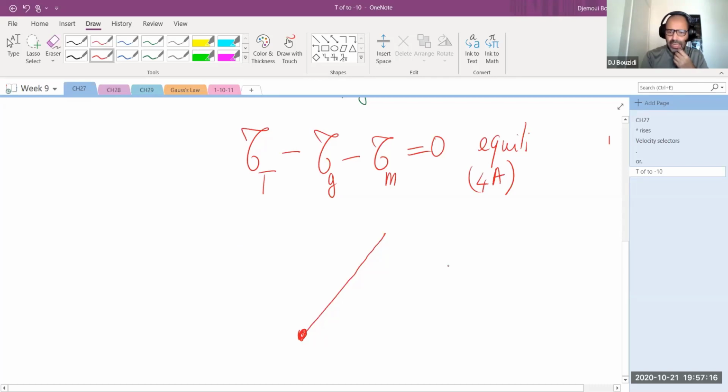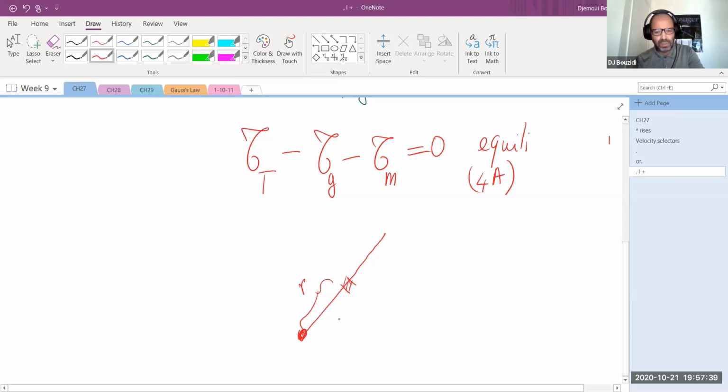In general, if I take an element of the wire, not the whole wire, situated at a distance, let's call it R, from the pivot point, okay?